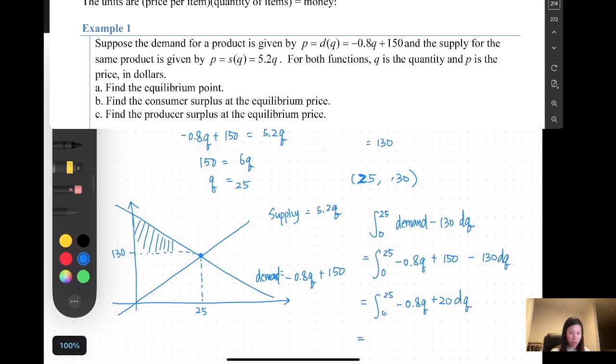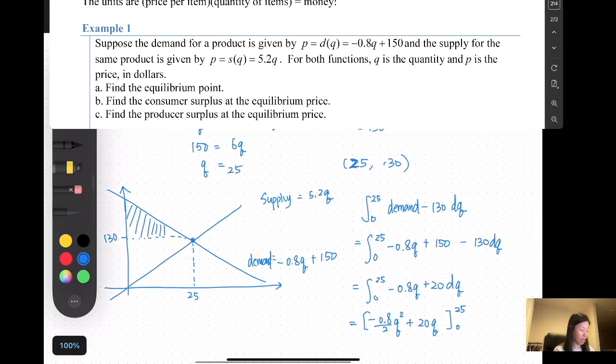So to integrate, I got negative 0.8 over 2 q squared plus 20q from 0 to 25. When you calculate that, you will find out that this equals 250. So that means the consumer surplus is 250.